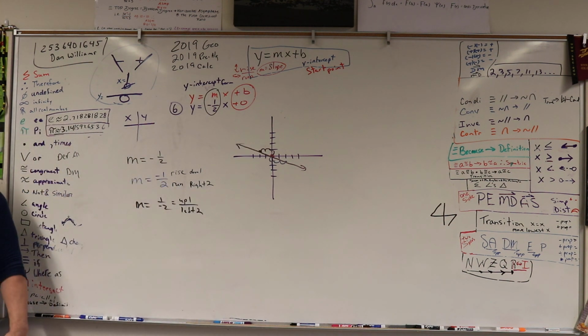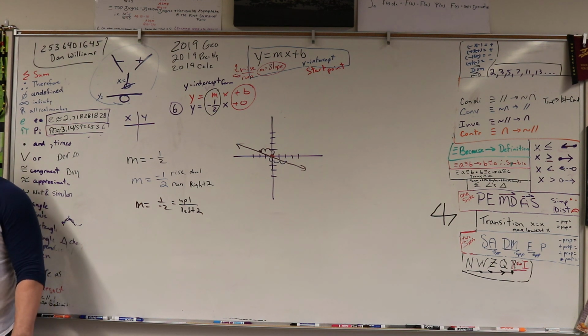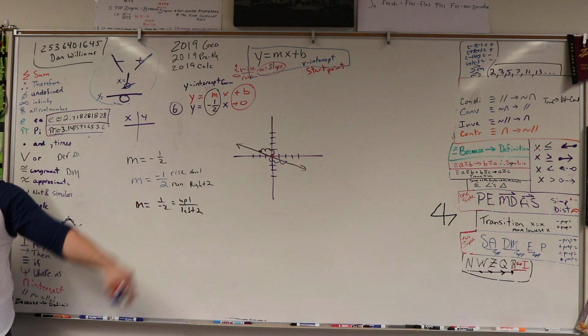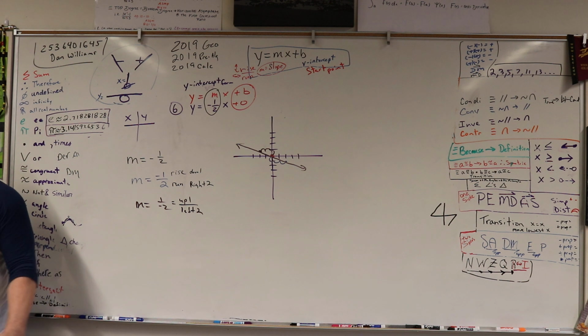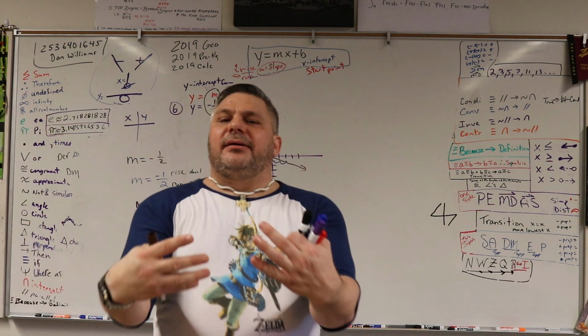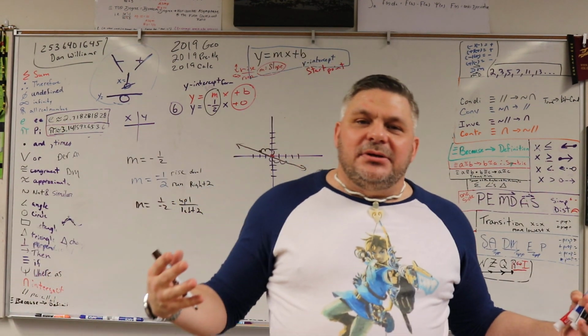Right? So how many of you have that graphed right now? 2, 4, 6, 7. That's not good. So let's put your phones up, right? I'm trying. I really am. I love them very much.